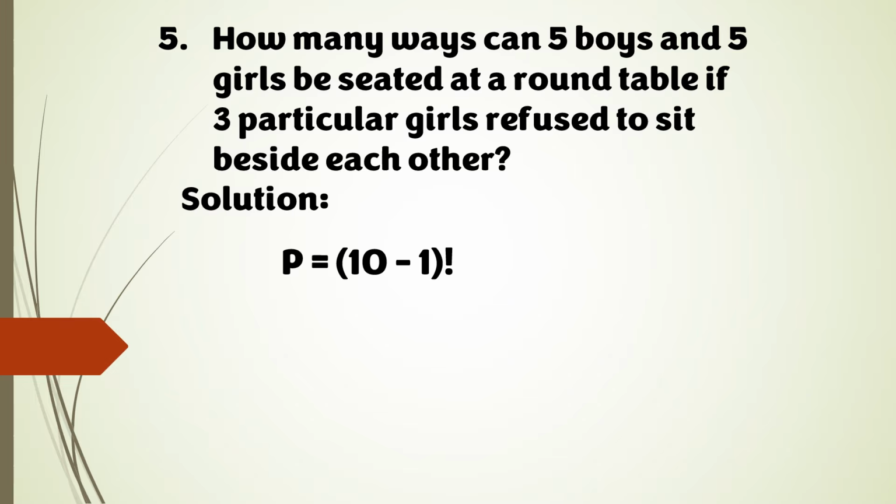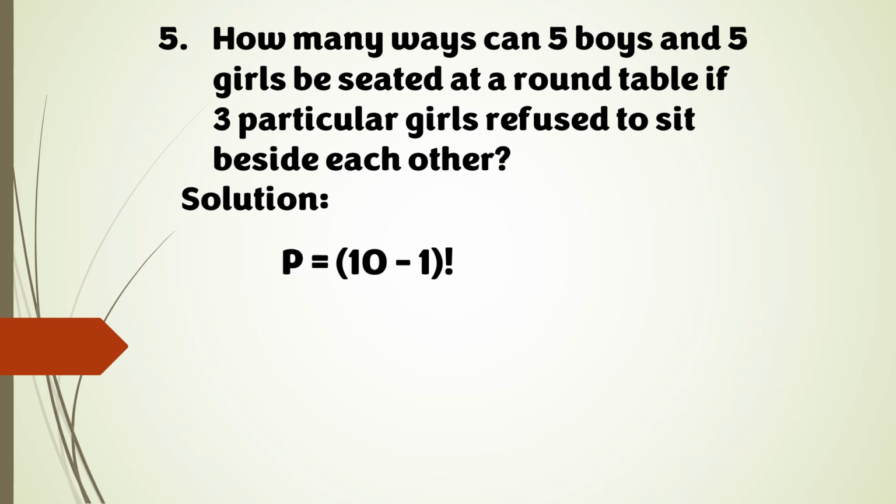So this 10 is 5 boys and 5 girls. So we have 10 and then minus 1, because the given problem involves circular permutation. And then the condition is 3 particular girls refuse to sit beside each other.